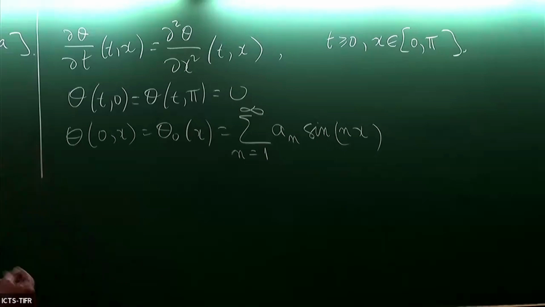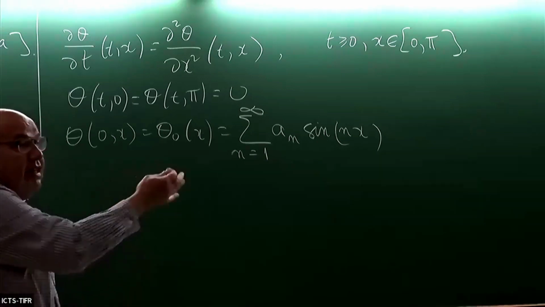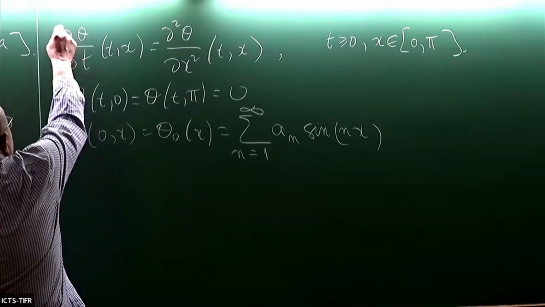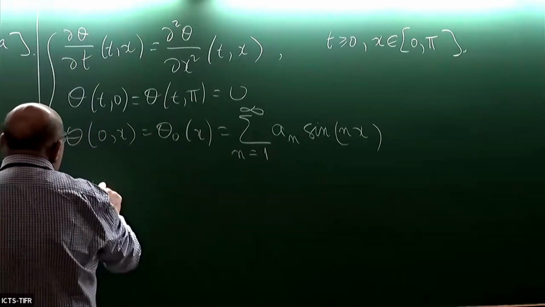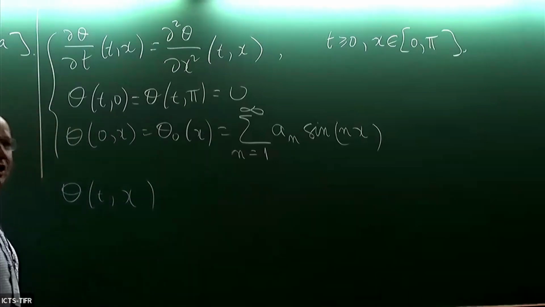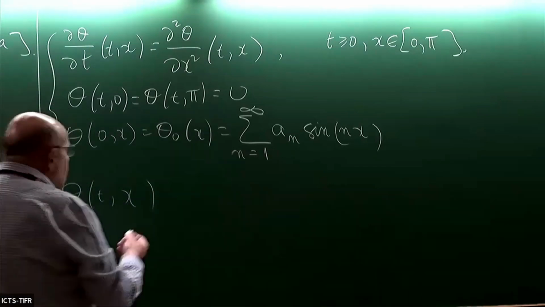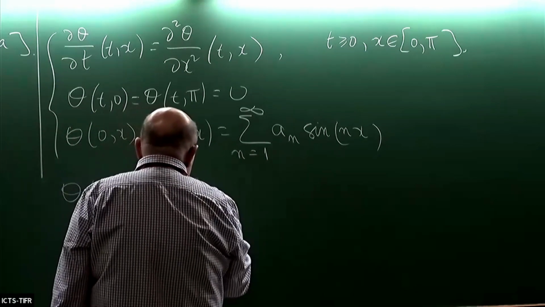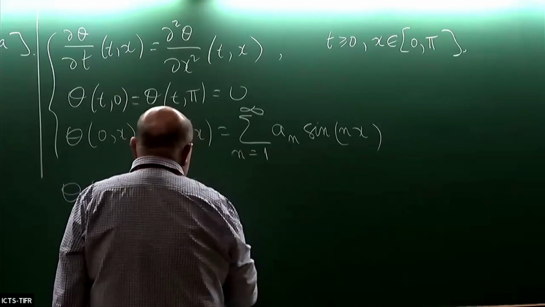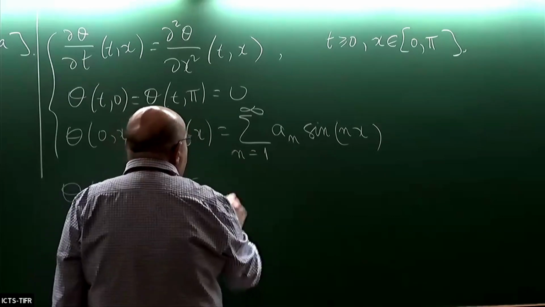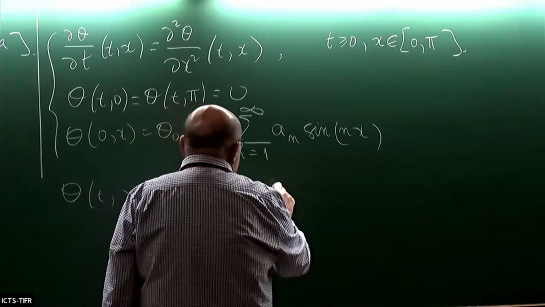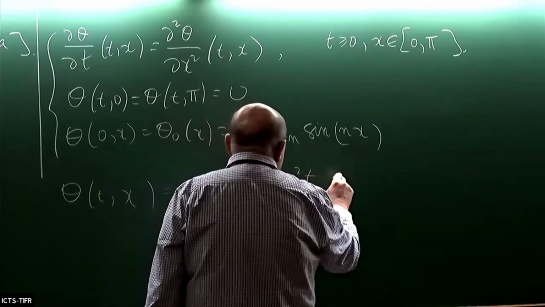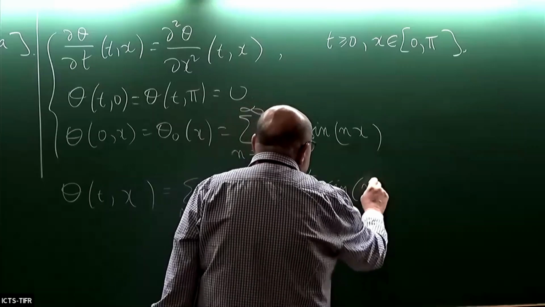Then it is not difficult to see. This is the classical Fourier analysis of the heat equation on the interval. The solution of that, assuming that everything is smooth enough and all the conditions are satisfied, will be easily computed to be the sum over n larger than or equal to 1 of a_n exponential of minus n squared t, sine of nx.